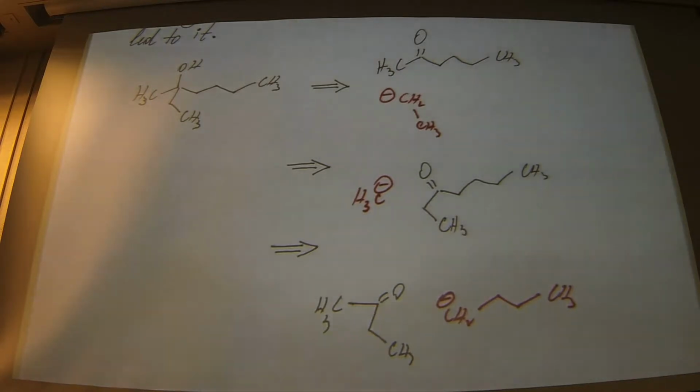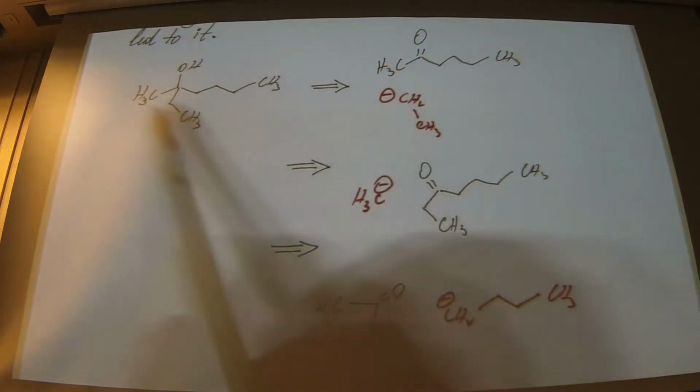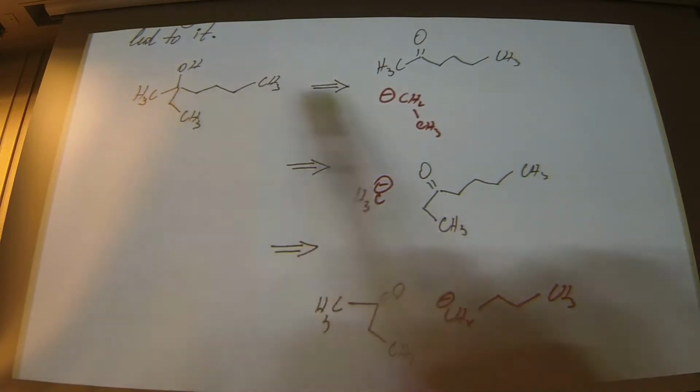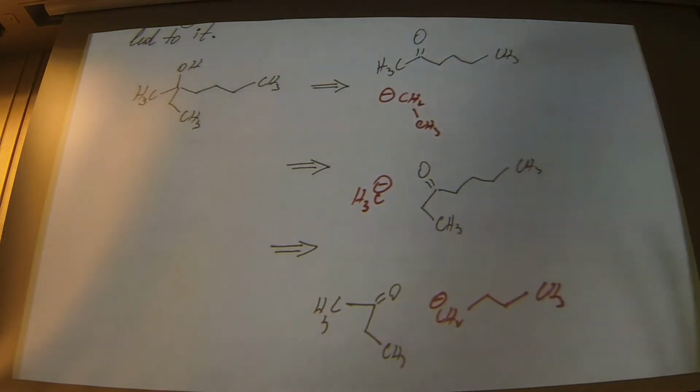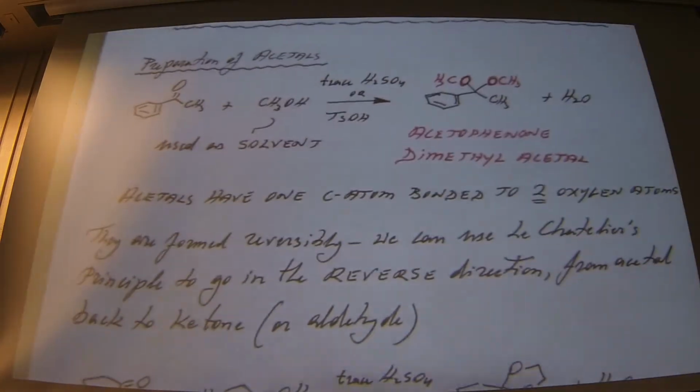And so you need to be able to see that. It's not hard, really. If you pick these two alkyls, then obviously this had to be the nucleophile and so on. So this led us to a discussion of protecting groups and the formation of acetals.